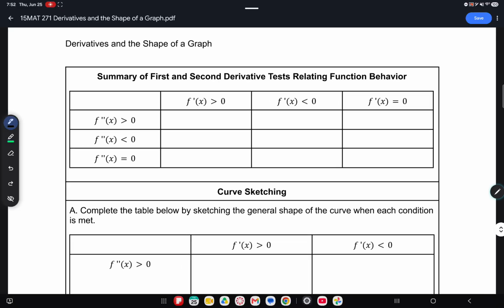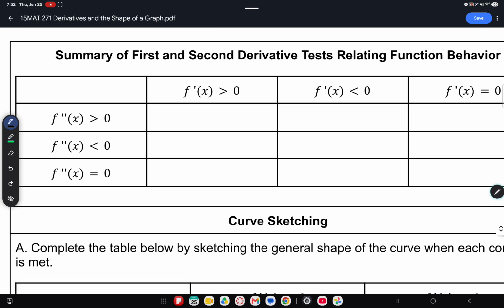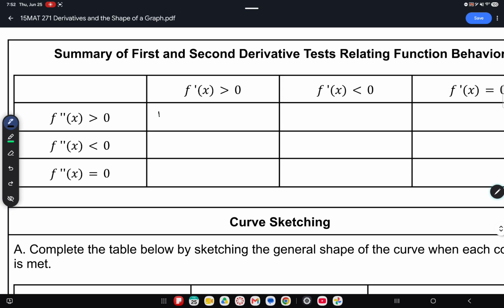So if I just want to summarize all this behavior here. So what's really happening? If my first derivative is positive and my second derivative is also positive, then we are increasing and concave up. First derivative being positive, second derivative being negative means we're increasing, but concave down.